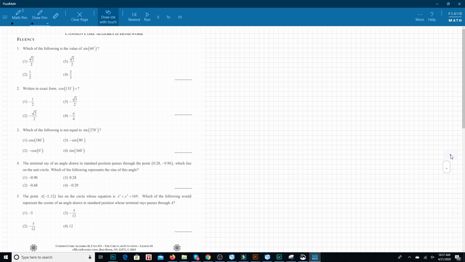Okay, so it says, which of the following is the value of sine 60? I'm going to use the trusty unit circle, reference circle that I did give you guys in the worksheet. I'll try to leave a link to it below too.